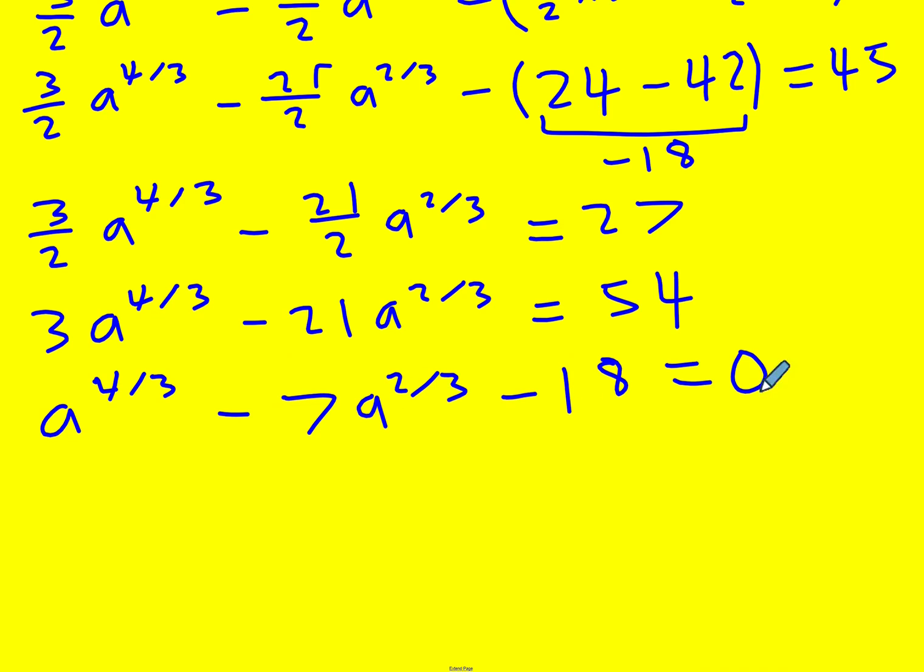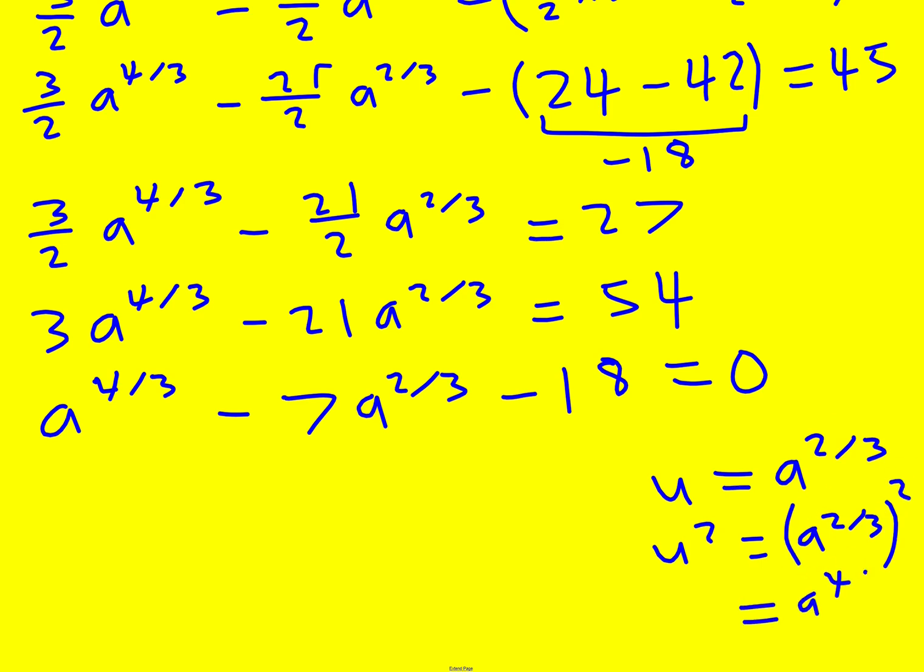Because this is actually a hidden quadratic. So I think I'm going to do a substitution here. U equals a to the 2/3, because then u squared is a to the 2/3 squared, which is a to the 4/3. You could immediately factorize it in terms of a to the 2/3. I just thought I'd go a bit slower, because this looks a lot nicer now.